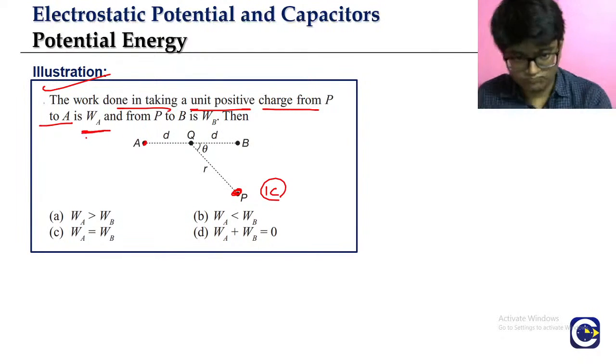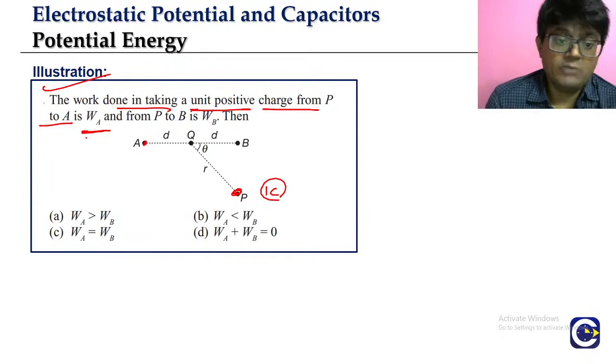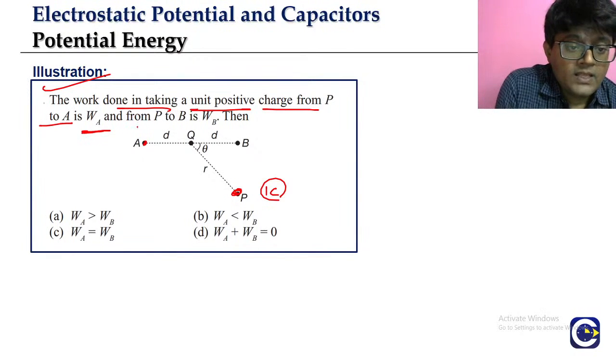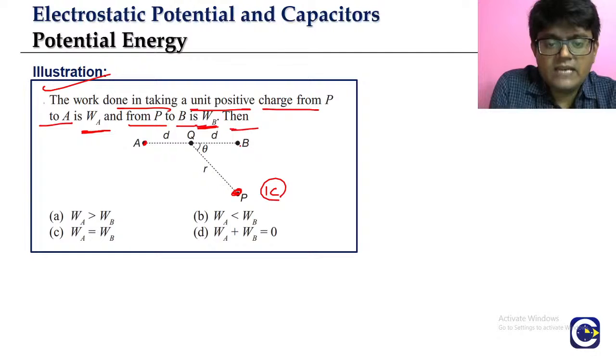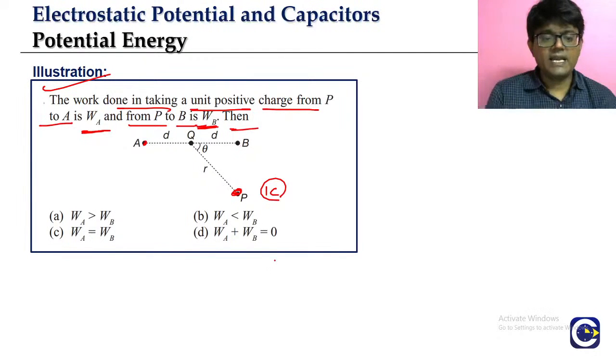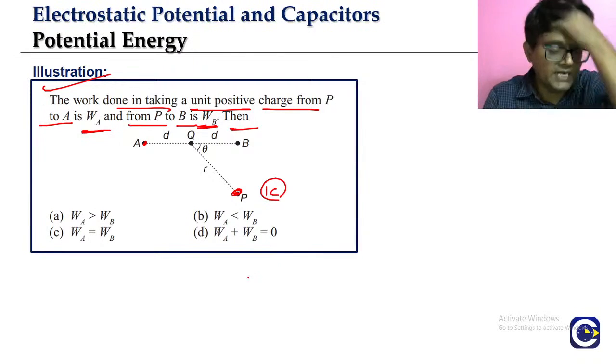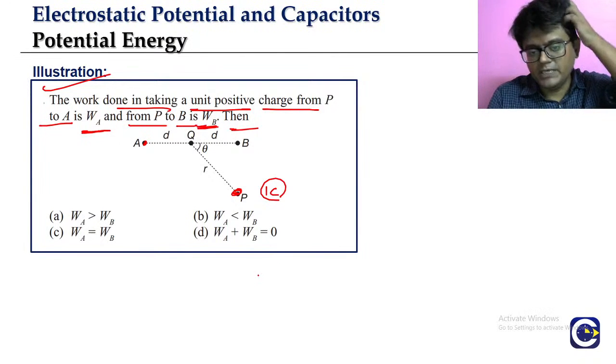WA. And from P to B, P ல இருந்து B இங்க எடுத்துட்டு போறதுக்கு what is the work to be done? WB. Then we have to comment on, பாருங்க, what is the relation between WA and WB.